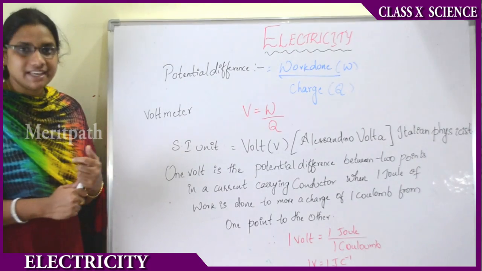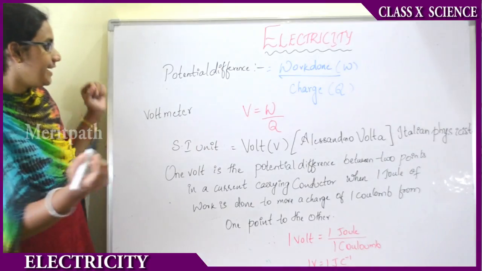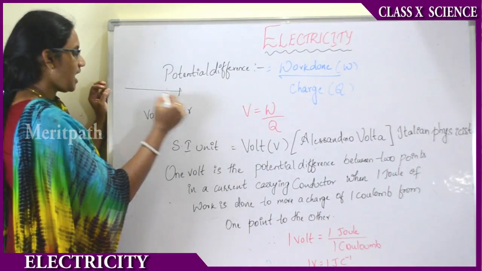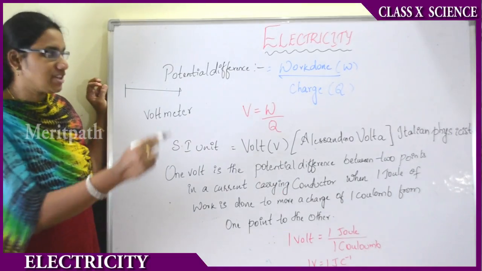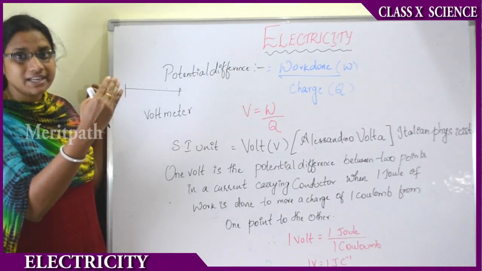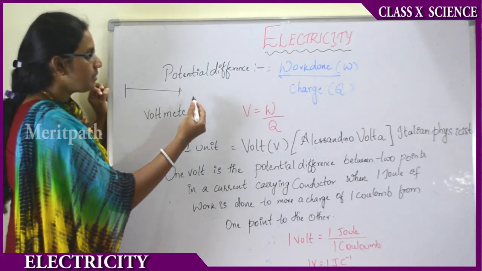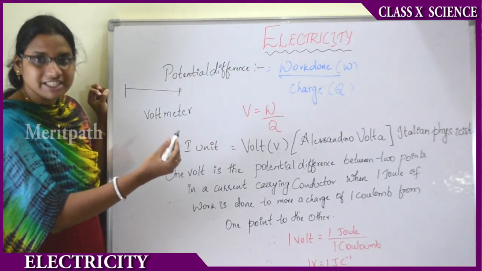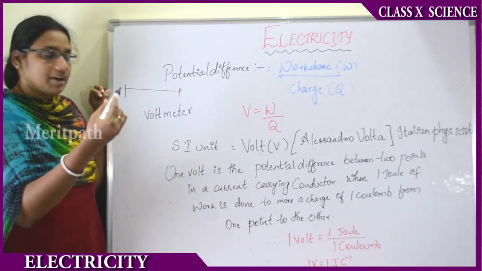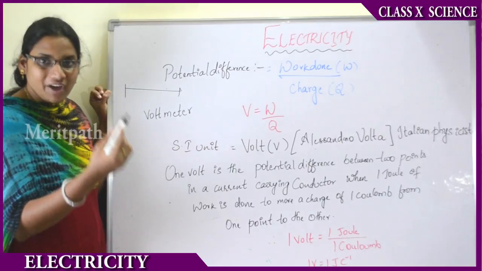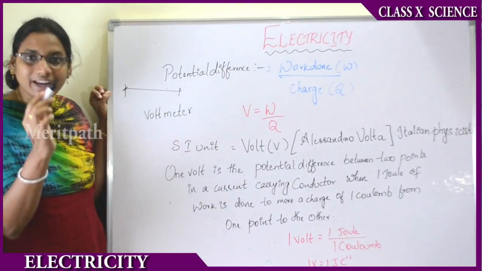Now let us see the definition of potential difference. The difference in the charge between the two ends is known as the potential difference. I have explained it with the example of water and the difference of pressure, right? Now we will see the formula of potential difference, that is work done by charge. Potential difference is defined as the amount of work done in order to move one electron.